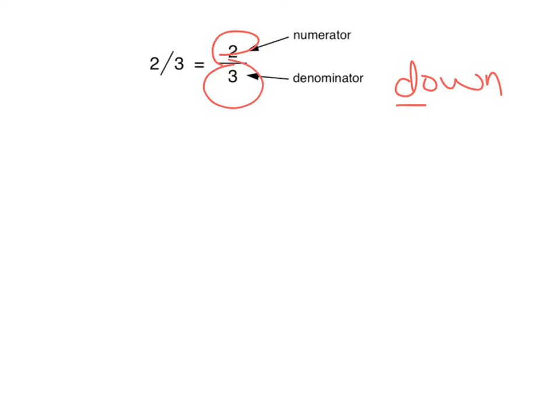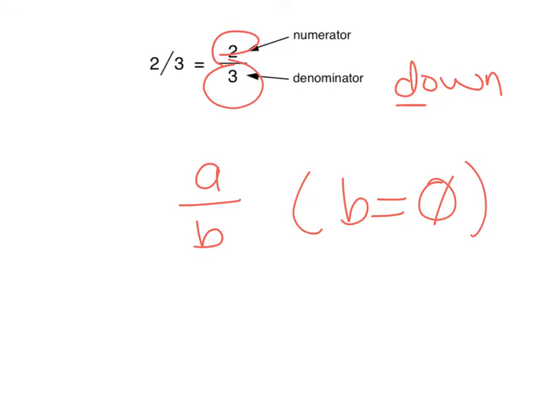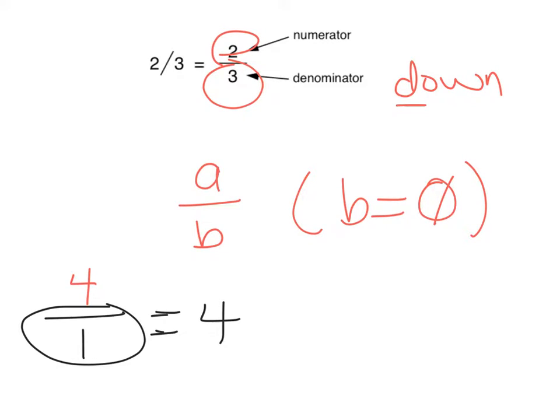And a fraction, we say that this is a fraction, but we also say b cannot equal 0. Now, you could write a number 4 or whatever, and you can assume that this part we just don't see, because that would equal the same thing there.